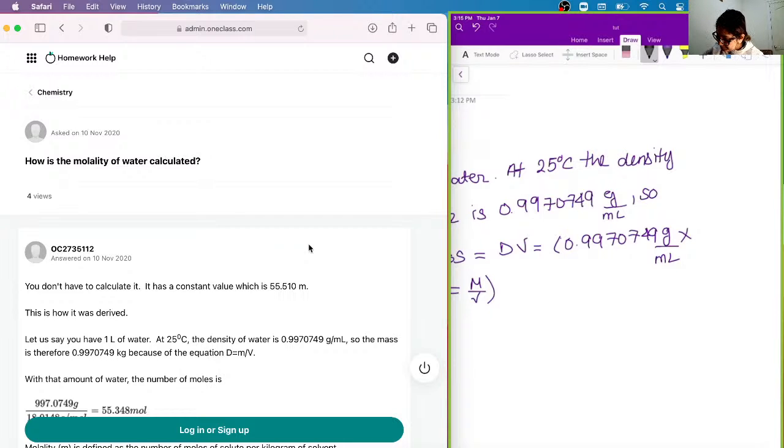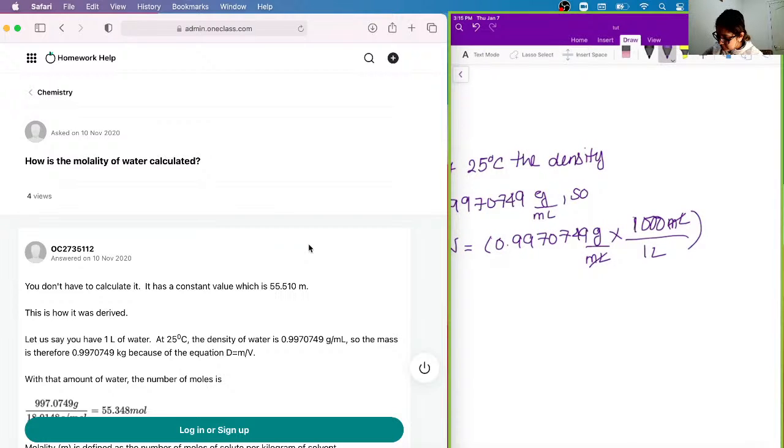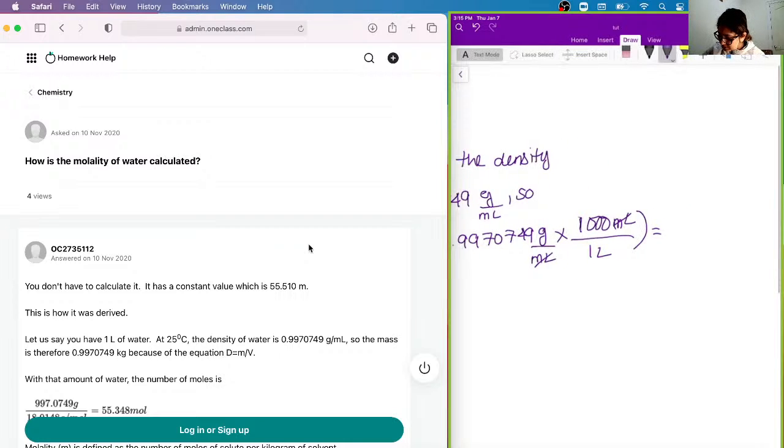So you would multiply this by 1,000, and to multiply this out, you would basically get 0.99 times 10 to the power of 3 kilograms per liter.